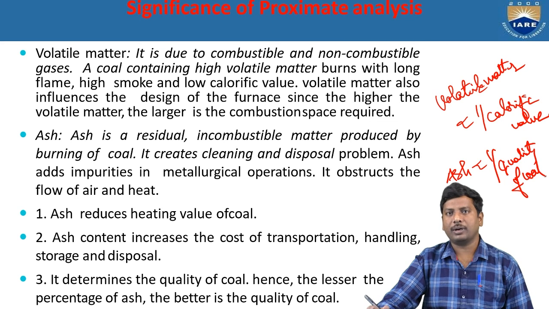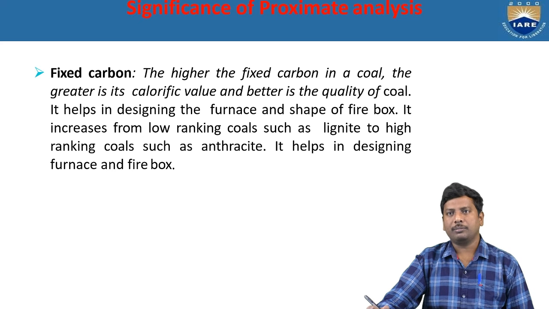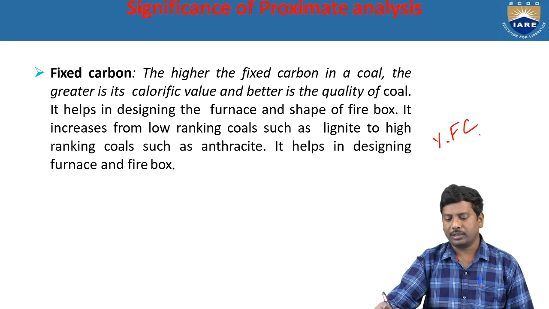And the final one, nothing but fixed carbon. That means higher the fixed carbon in a coal, the greater its calorific value, and better is the quality of a coal. That means the percentage of the FC, FC means fixed carbon, will be directly proportional to calorific value.